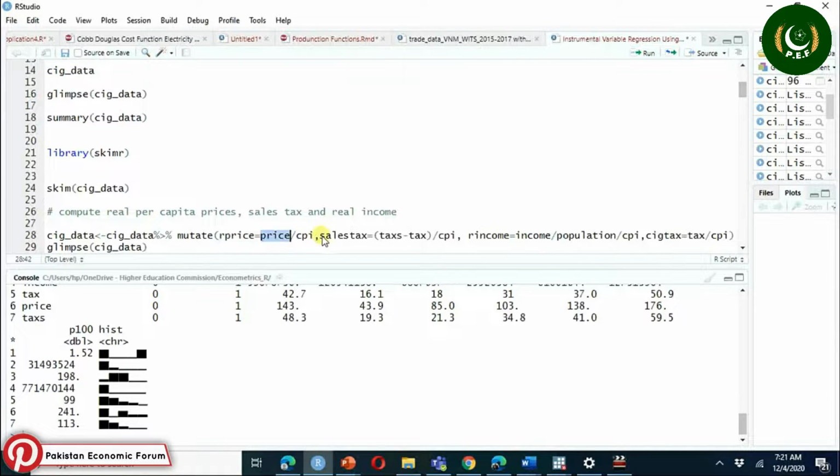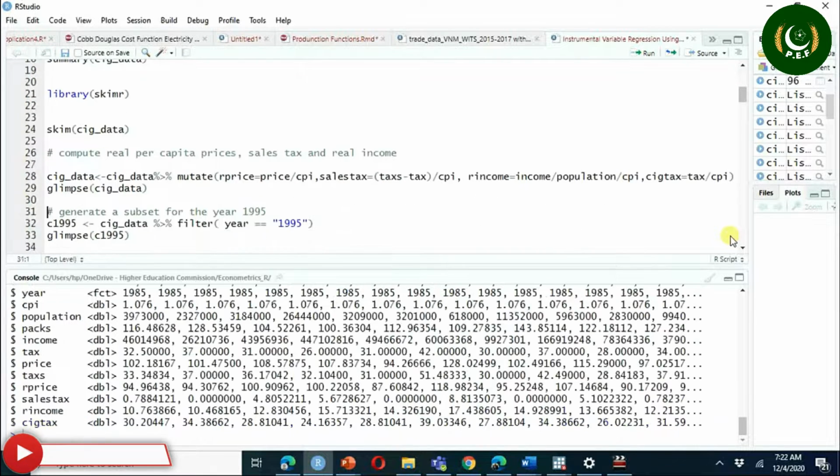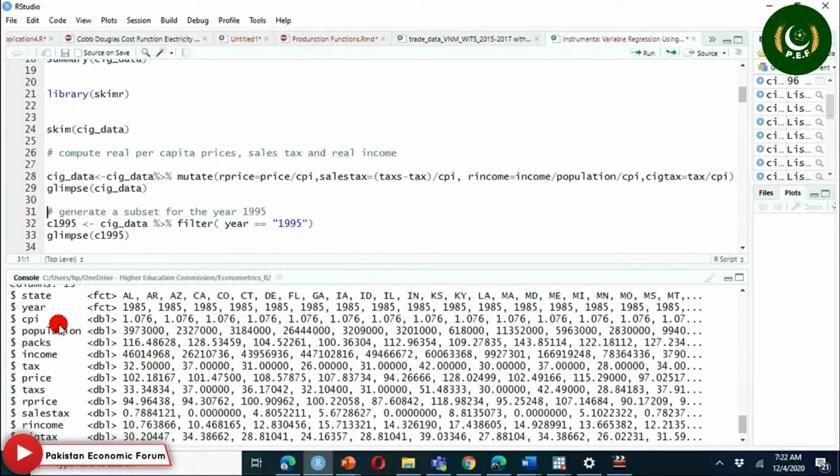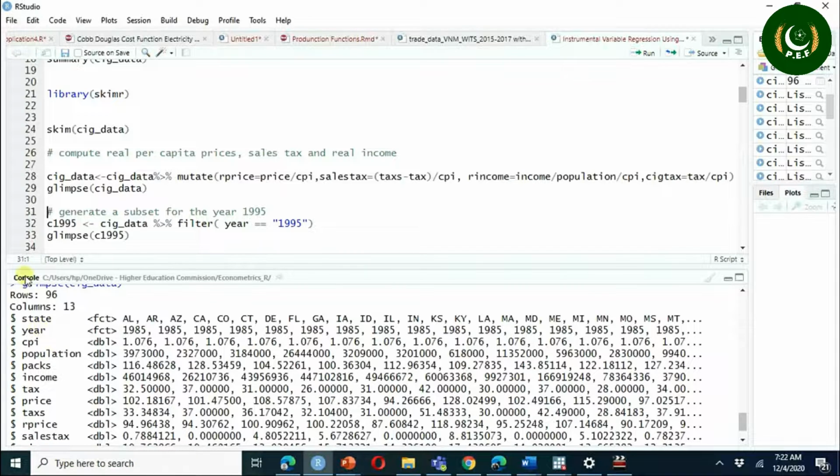Sales tax: tax S minus tax divided by CPI, real tax. Real income: income per capita divided by CPI. And cigarette tax divided by CPI. So I run this command. Now if you take a glimpse of the data, you'll see we have 13 variables, because 4 new variables are added to the 9 variables.